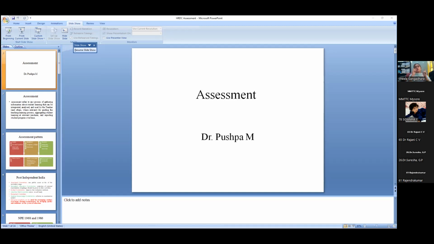Because of that, most of our students are not able to take up competitive exams, because in competitive exams most of the questions are at the application level. They ask questions at the higher order level only.